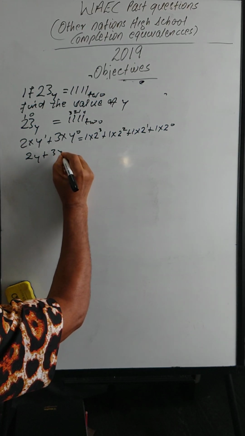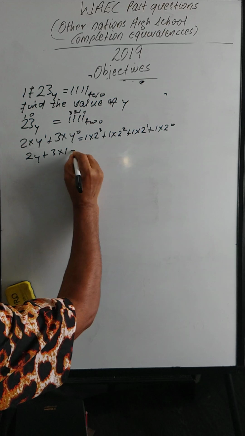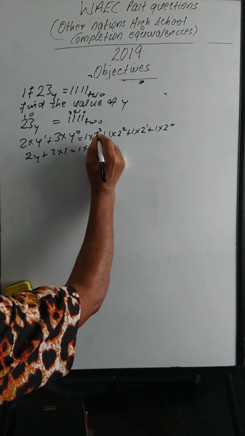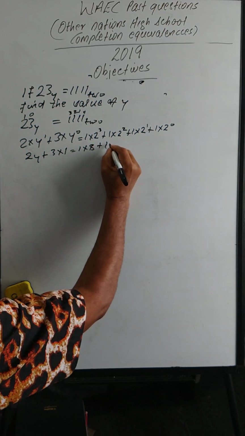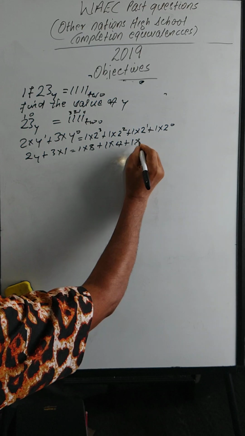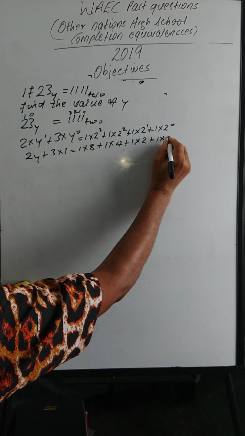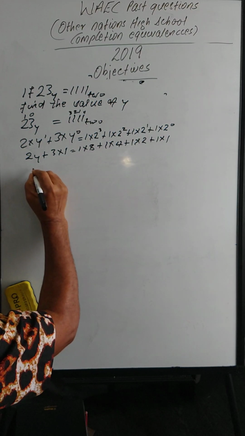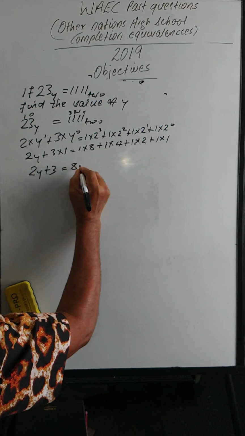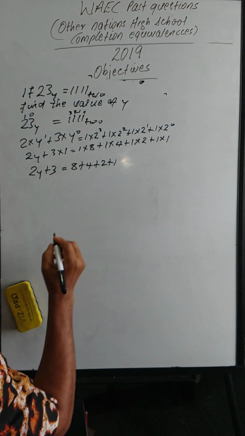Any number raised to power 0 is 1. This equals 1 times 8, that's 2 raised to power 3, plus 1 times 2 raised to power 2 is 4, plus 1 times 2, any number raised to power 1 remains the same number, plus 1 times 1. This is 2y plus 3 equals 8 plus 4 plus 2 plus 1.